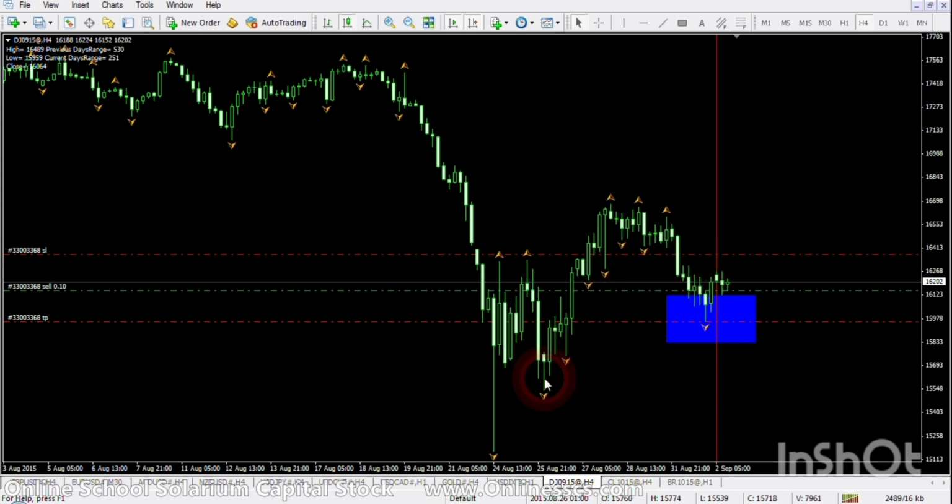Or like here, that it has been formed like this. The shadow is lower than these two sides, and it's like a high, this blue zone. Or exactly here, this candle.